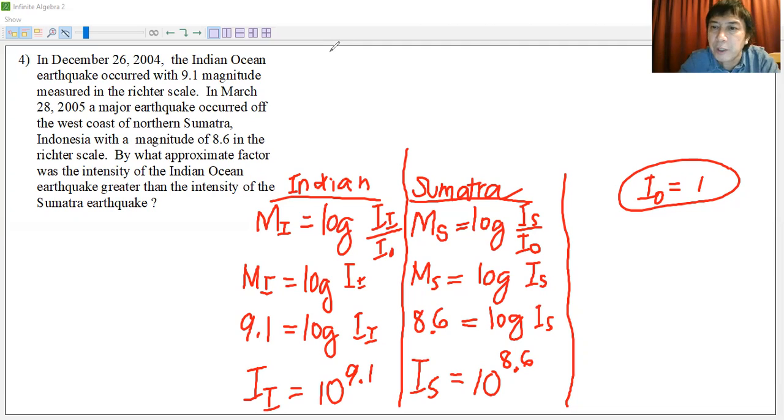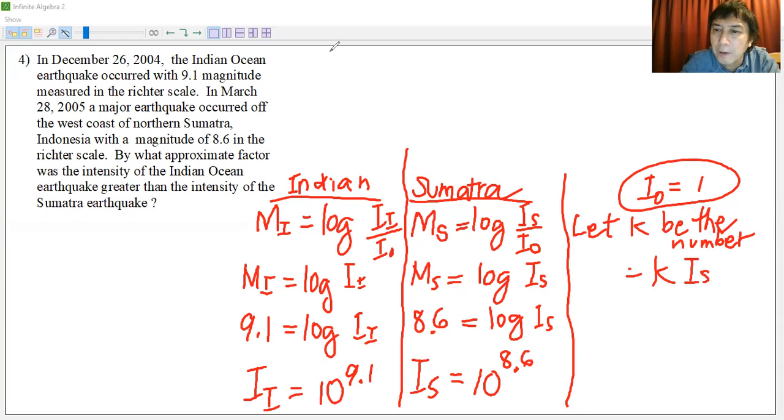So our working equation will be, we shall choose a variable k, let k be the number, and this k will be multiplied by the smaller to get the larger. There.